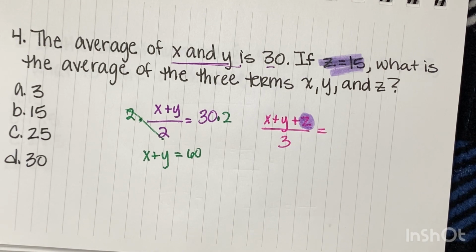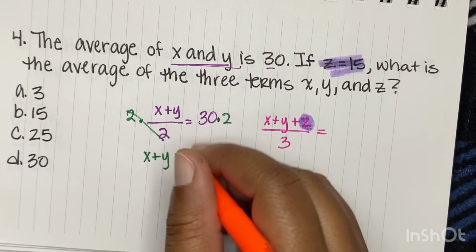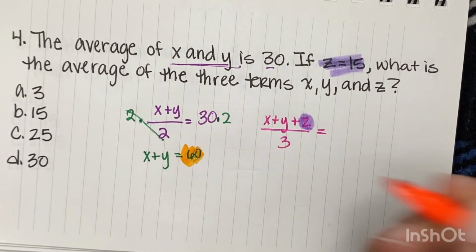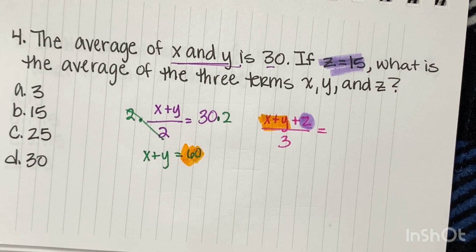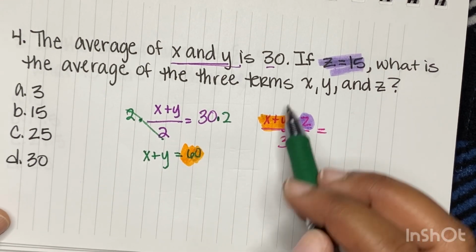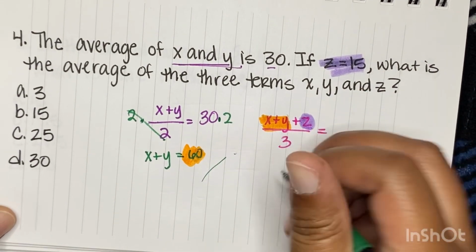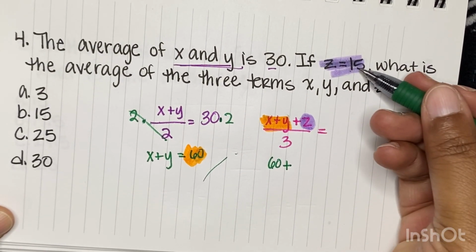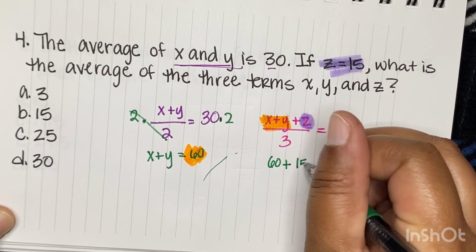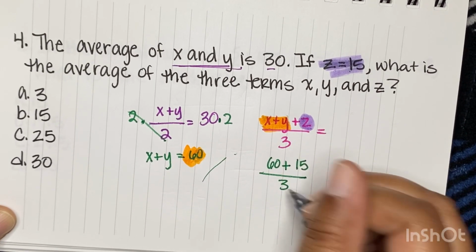And we just solved x plus y. We know that is equal to 60. So we can substitute or replace what they have given us. So x plus y is 60. So I'm going to replace this x plus y and I'm going to put 60 plus my z, which I'm going to plug in 15. And then that's all over 3.